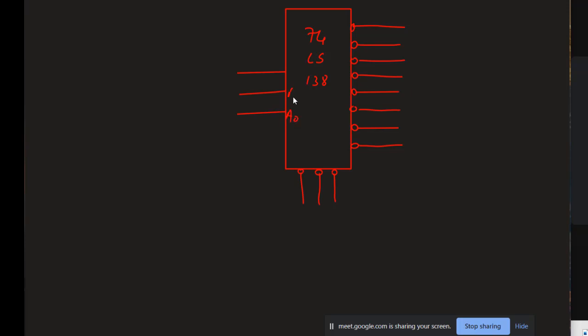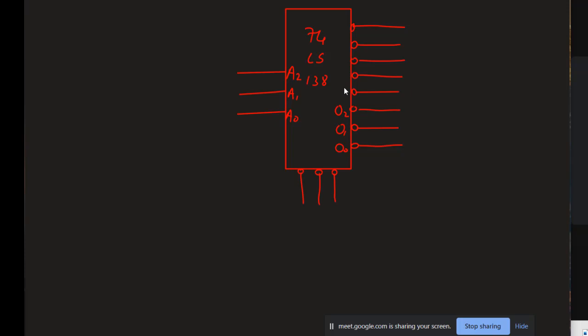That means this is the first input, this is the second input, and this is the third input. And I have outputs, let's say O0, O1, likewise up to O7. Is this part clear?